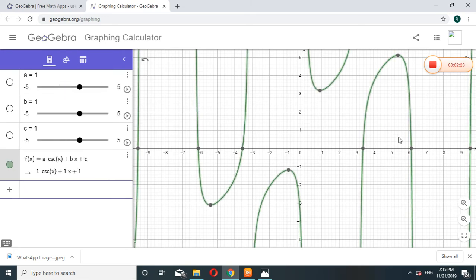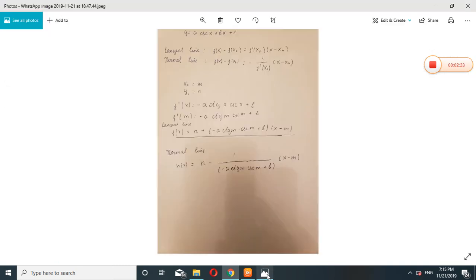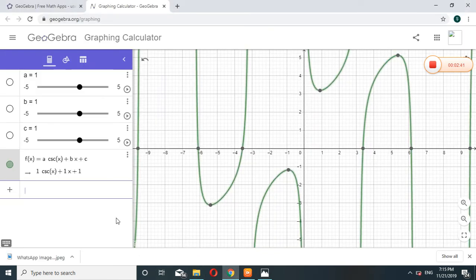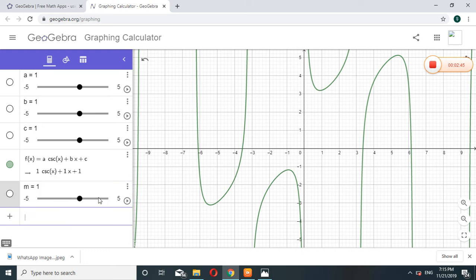Let's see. As you see, our function is like this. Then, as I said, we have to give initial values to our x and y, because our derivatives and f zero use their initial values. Therefore, we'll give the initial value x as m and y, or f of m, as n.